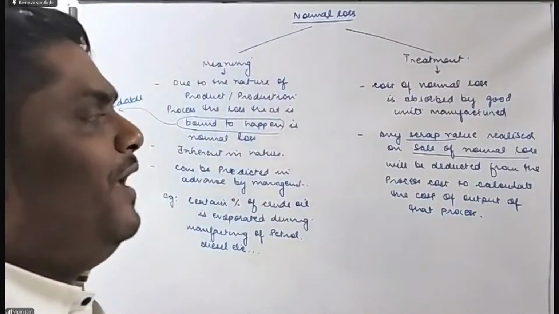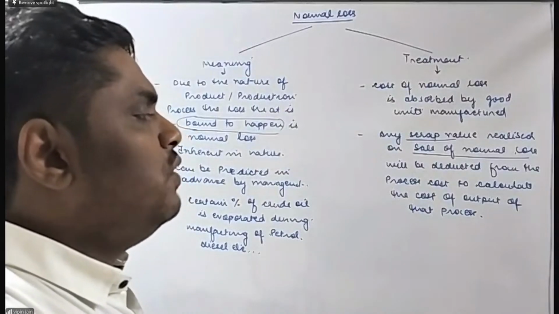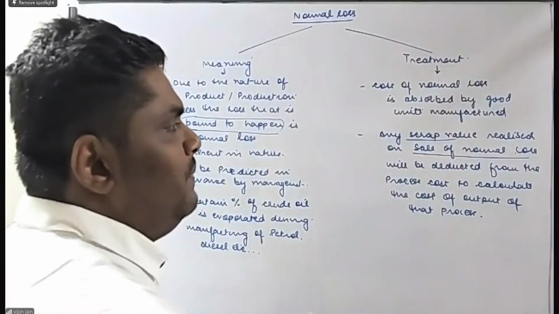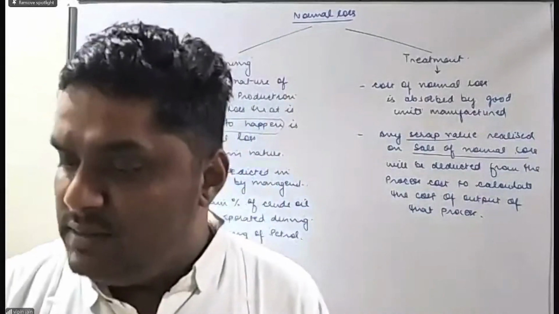So any scrap value realized on sale of normal loss will be deducted from the process cost to calculate the cost of output of that process. I'll be discussing this treatment with the help of a few examples.